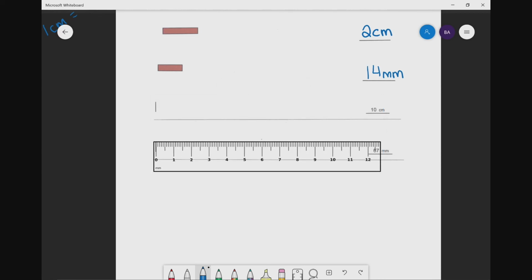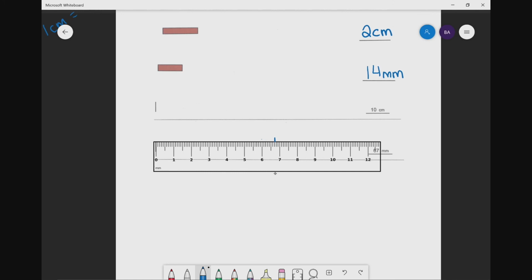Okay, that's my 60 mark there. And then I've got to count 7. So remember what I told you? This halfway line is 5, and I just have to go 2 more lines over. And that would be where 67 millimeters is.